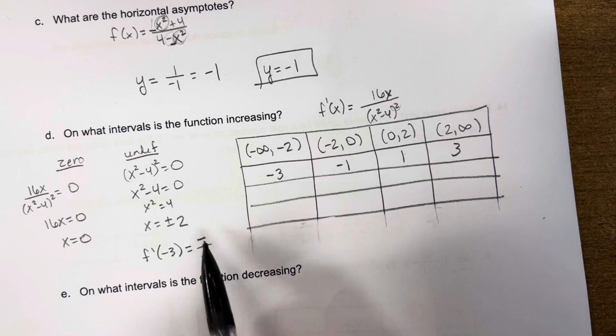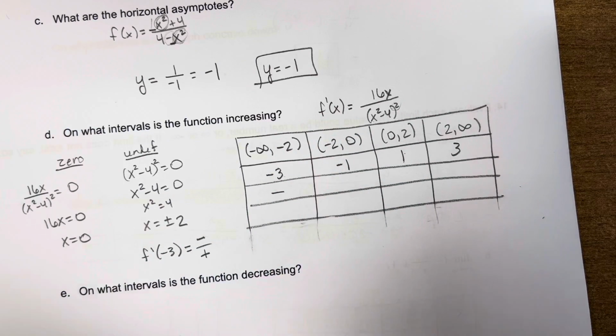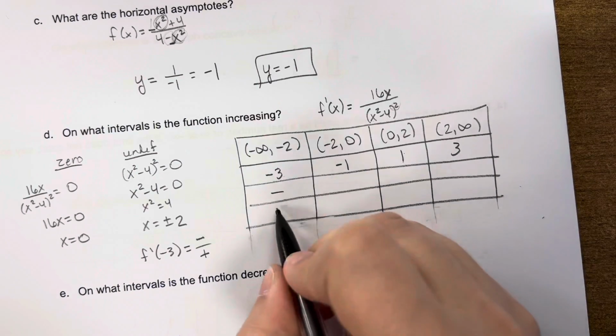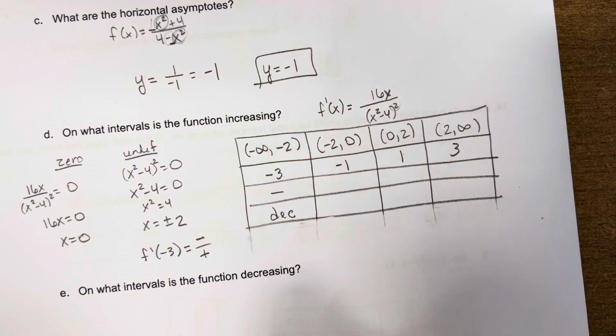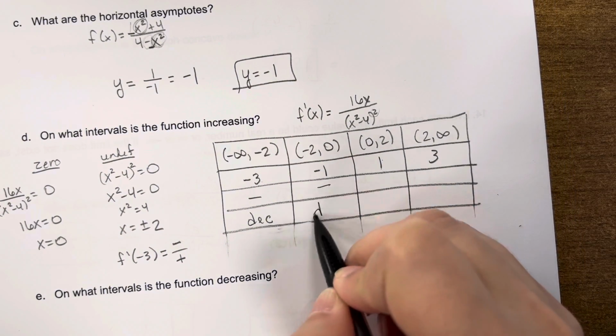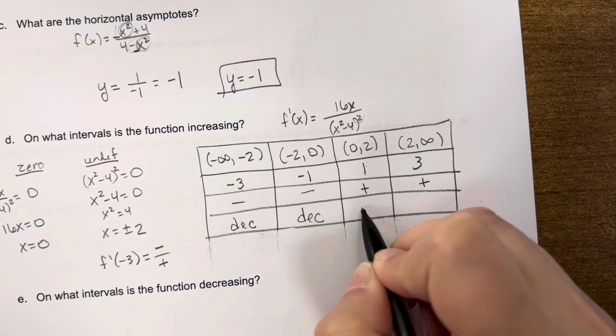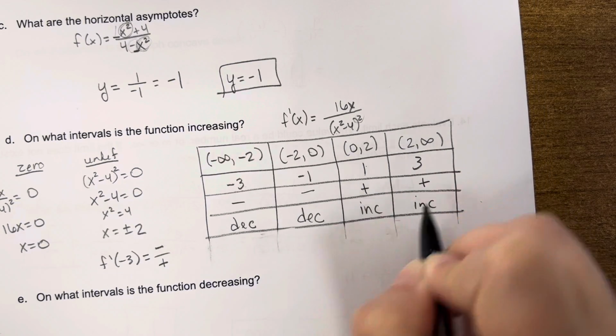If I end up with a negative on top, it's going to be negative. If I end up with a positive on top, it's going to be positive. So that should be a quick shortcut on this one. So this one came out negative, which means it's decreasing on that interval. This one came out negative also, so it's decreasing. This one came out positive, this one came out positive, so those are increasing intervals.